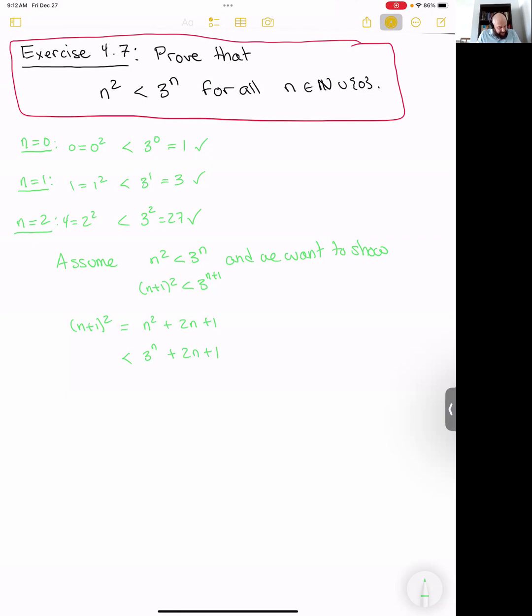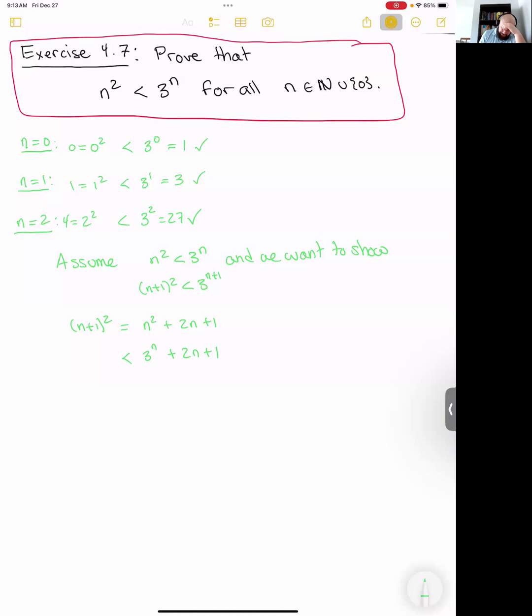What else can we do here? One thing I could try is to replace 2n and 1 with n squared, and then use the inductive hypothesis again.